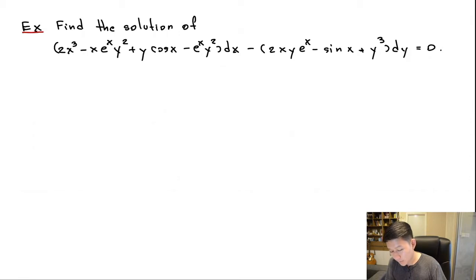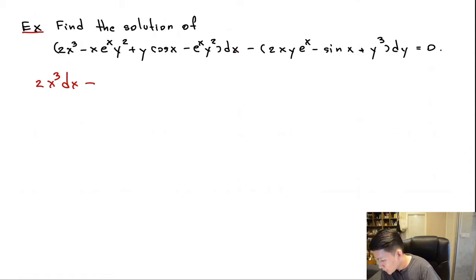Here, if I write it like this, 2x cubed dx, nothing complicated. Then minus y squared x e to the x plus e to the x dx plus 2xy e to the x dy.